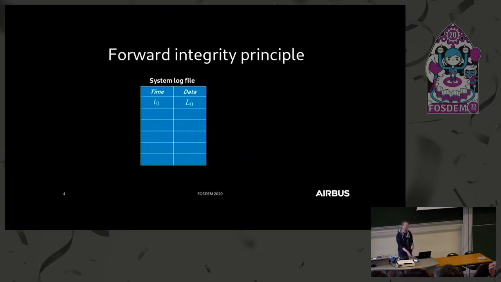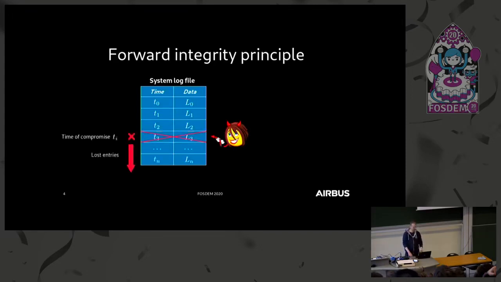What does forward integrity actually mean? You're probably aware of forward integrity in network encryption, so it's very similar principles here. We write a series of entries in time, and as in the previous example, we compromise an entry at a particular instance of time. Because the attacker has already compromised it at that particular instance of time, everything after will be lost, because we cannot rely on what has been written to the log after the log has been compromised.